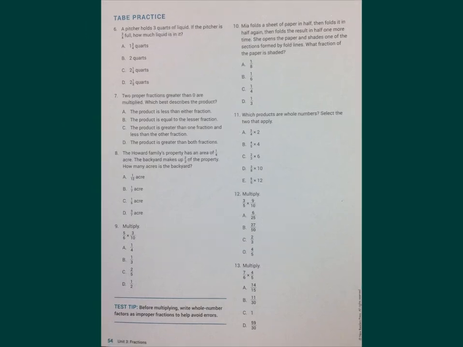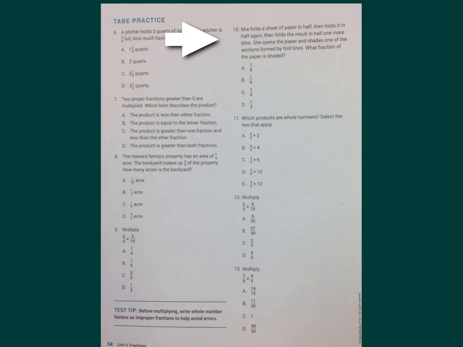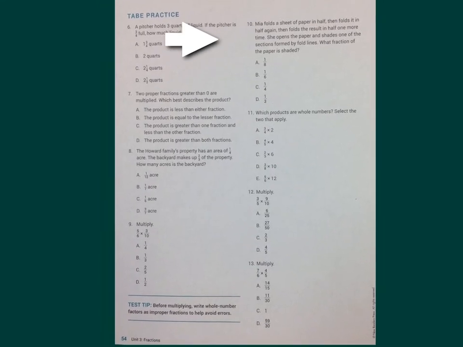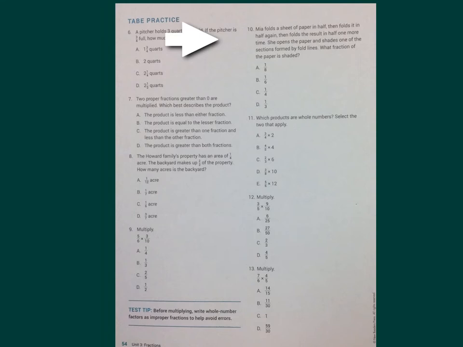All right, so let's look at number 10. Number 10 says, Mia folds a sheet of paper in half. So we know we're going to fold it in half, so let's go ahead and write this out as we go. Let's write this down: 1 half. And then it says, then she folds it in half again.